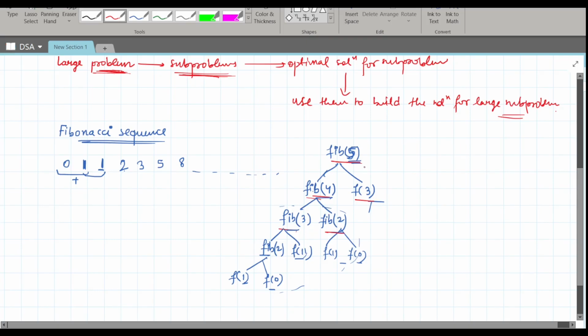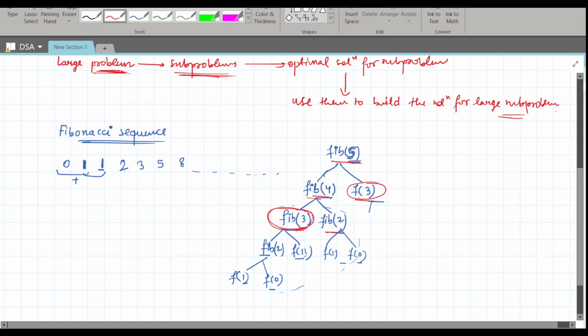These are all subproblems. We can see that fib 3 occurs two times here, the same problem existing two times. So instead of solving it two times, we can solve it only one time and save the solution.